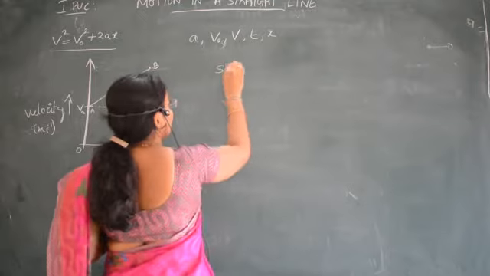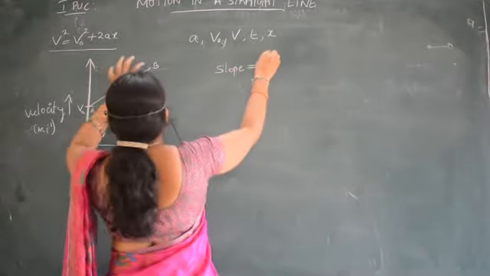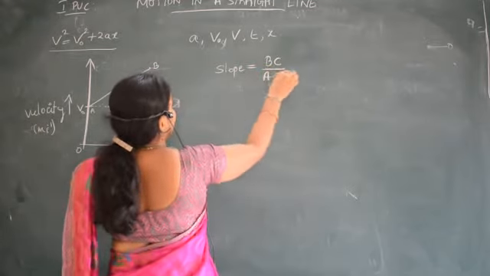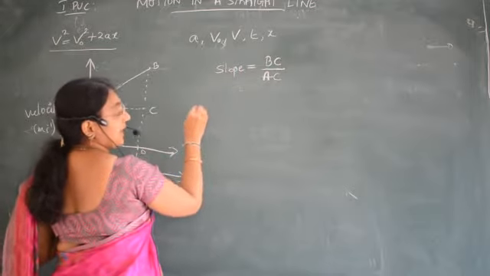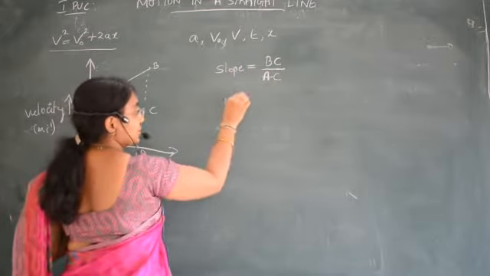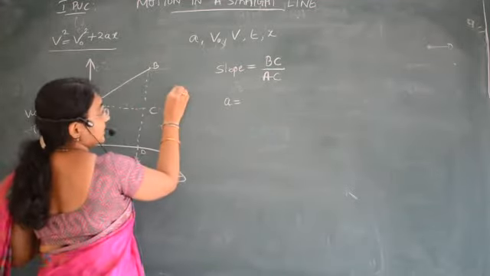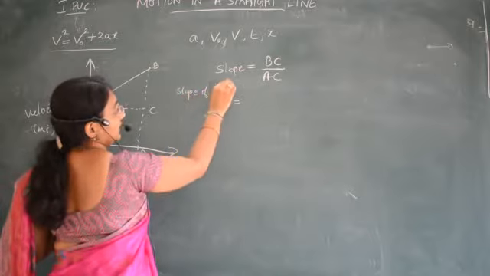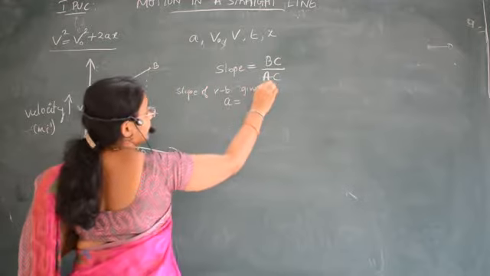So slope is equal to BC by AC. Slope of the velocity time graph gives acceleration. So you have to write that sentence here, okay? Slope of velocity time graph gives acceleration.